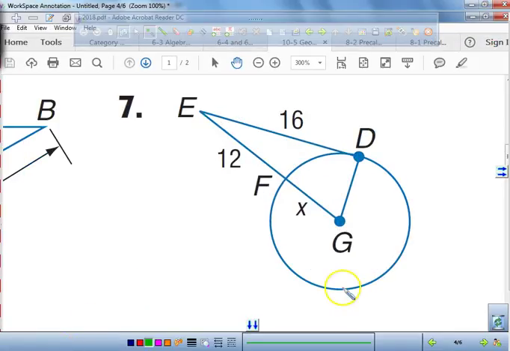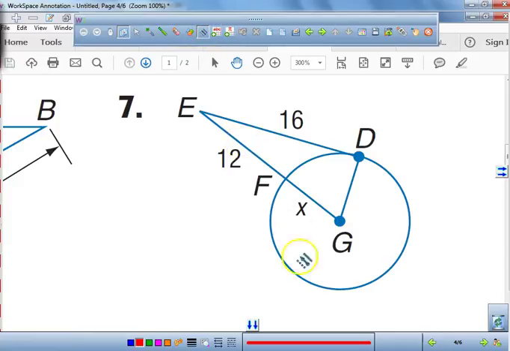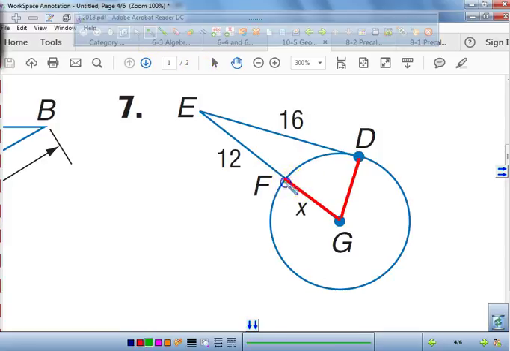All right, problem number 7 is a little bit trickier. You will notice right here that this distance from right here to right there is x, which means this distance from right here to right here is also x. That is pretty important right there.